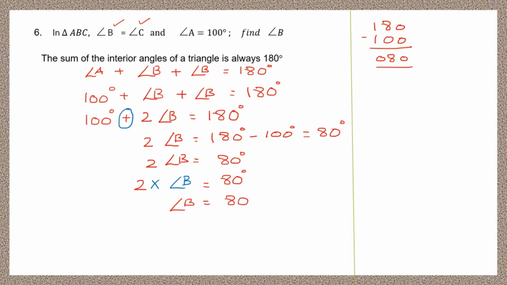I'm going to take 2 to the right hand side and change this operation to division. 80 divided by 2. 2 4s are 8 and the 0. 40. So angle B is equal to 40 degrees. So we have been asked to find angle B and we found that angle B is 40 degrees.